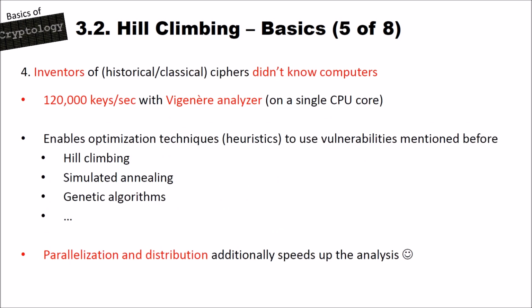And the last vulnerability on my list is that the inventors of historical and classical ciphers didn't know modern computers. For instance, with Crypto2, we can achieve 120,000 keys per second with our Visionaire analyzer on a single CPU core. 120,000 keys means that 120,000 plaintexts are generated based on different keys, and these can be used to analyze and to increase our performance.